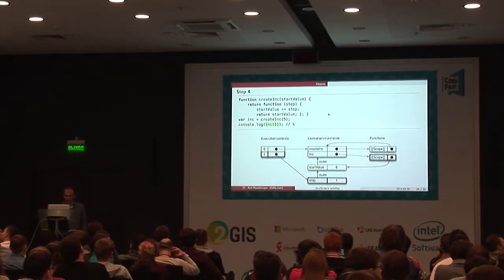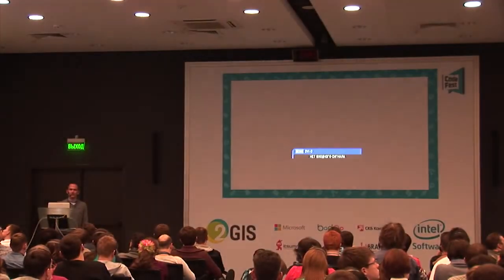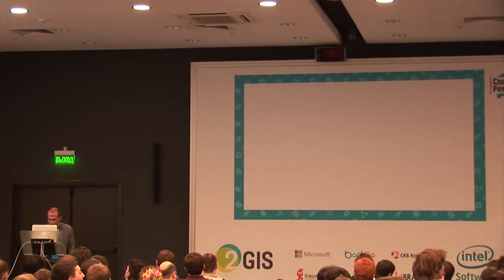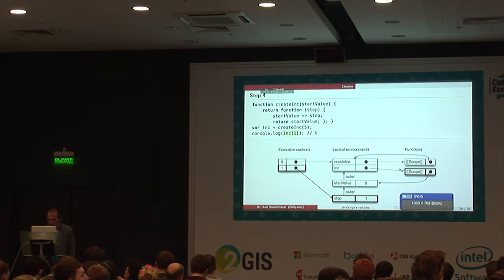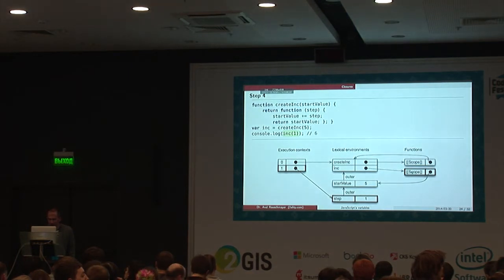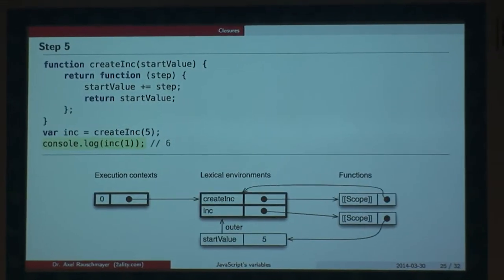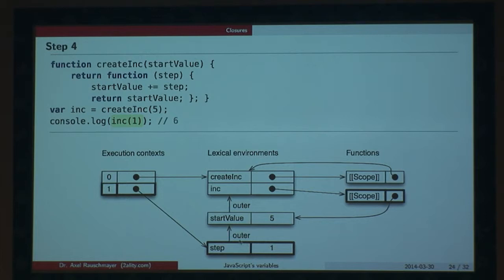So it really maps the static form or shape of the program. And this means that inc is currently active. Once it leaves, we have no need for this, so it can be removed.